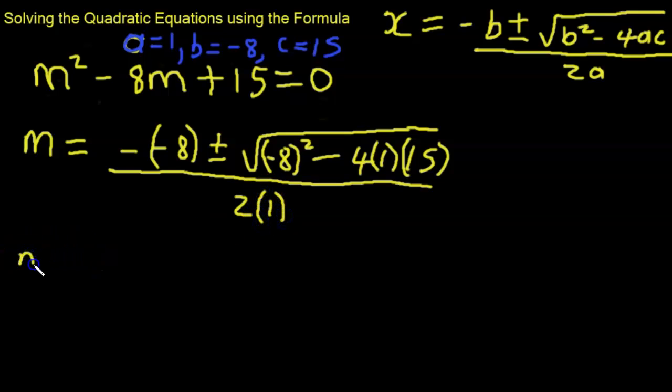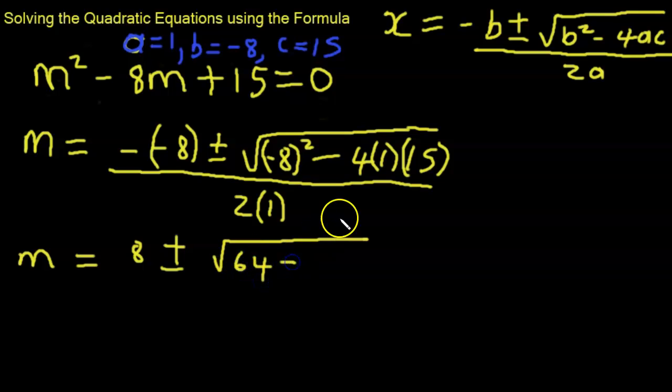Hence m, double negative, minus minus 8, that's positive 8, plus or minus the square root. You square 8, what do you get? 64, and then minus 4 times 1 times 15, that's 60, minus 60. Notice there is only one negative sign.